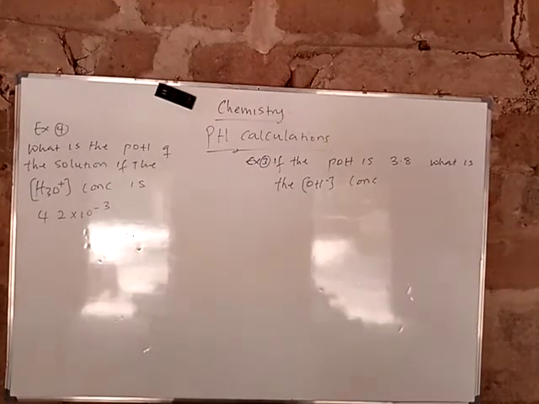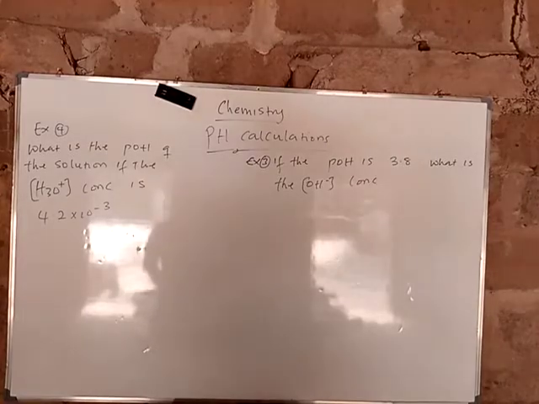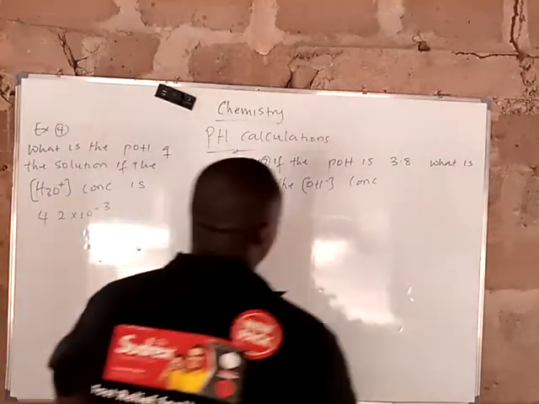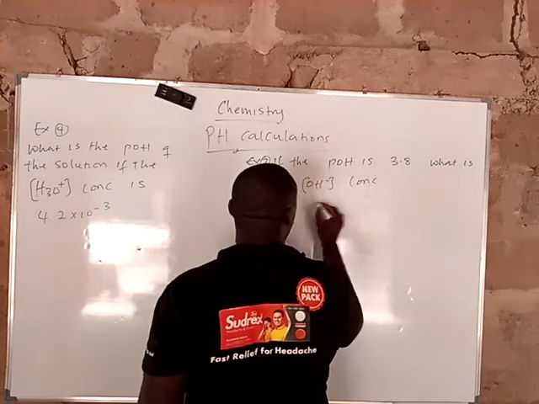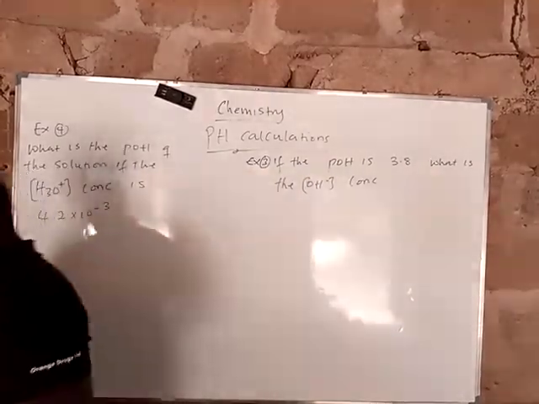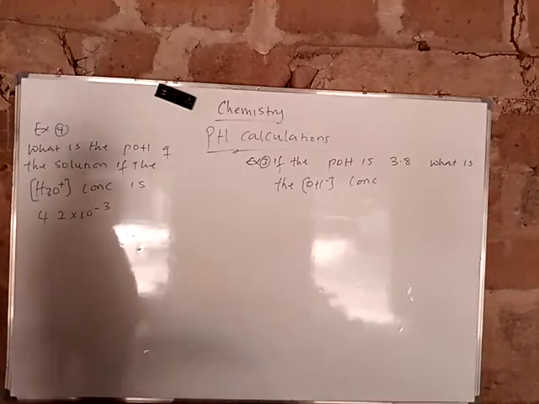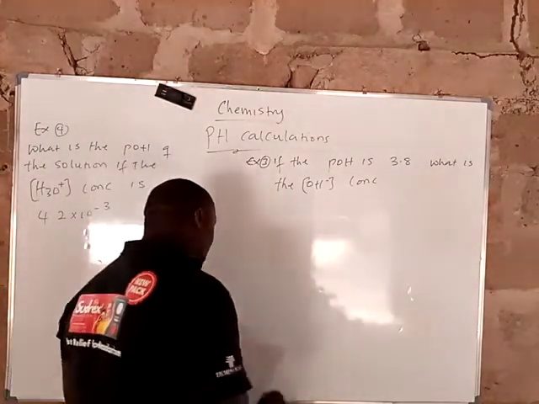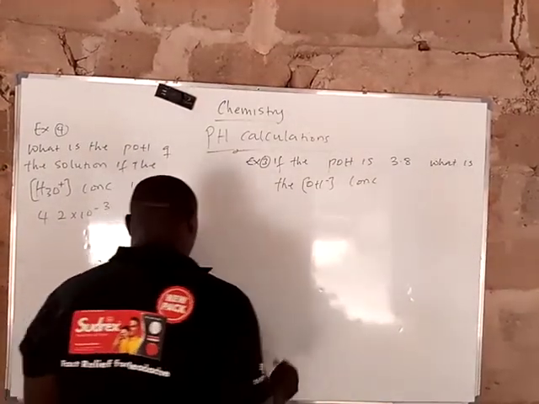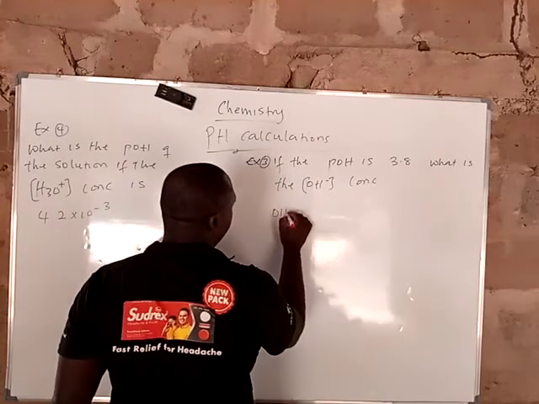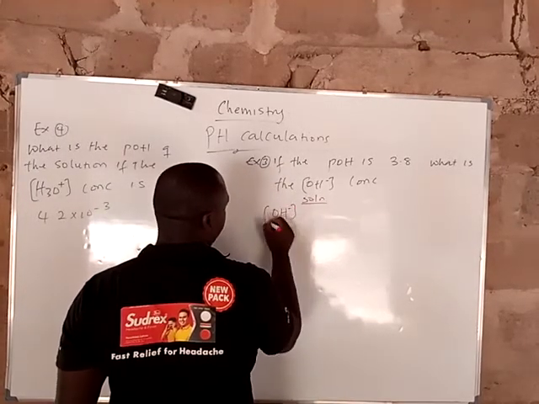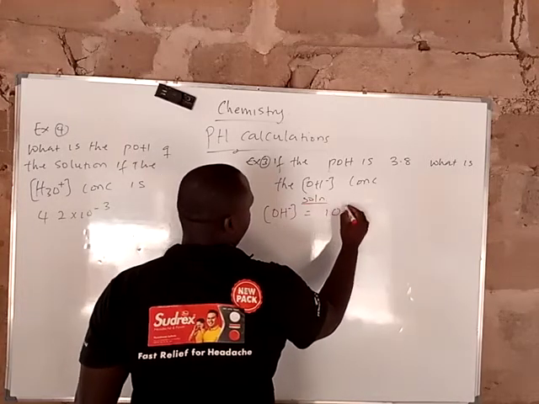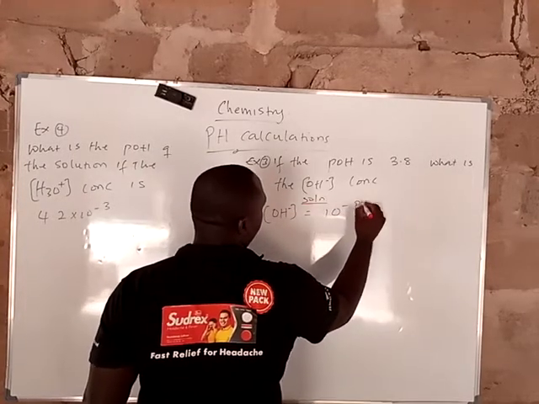Example number 3. If the pOH of the solution is 3.8, what is the hydroxyl ion concentration? Of course, on our first video, the formula was already given. You already know that OH minus is equal to 10 raised to the power of minus pOH.